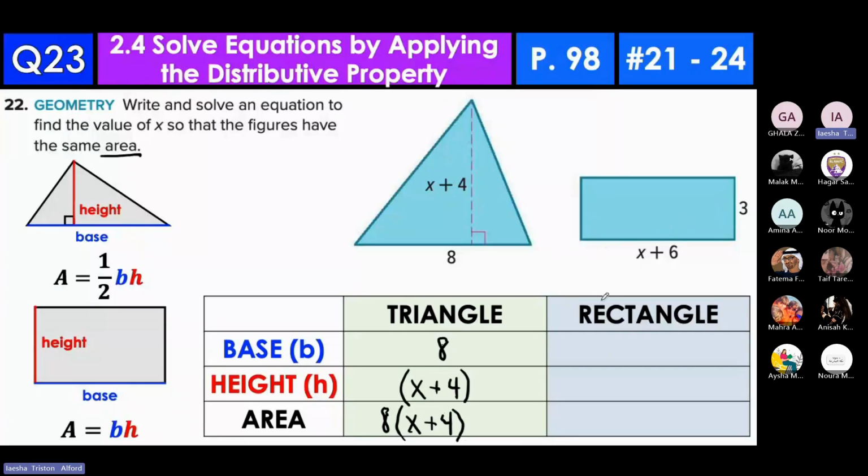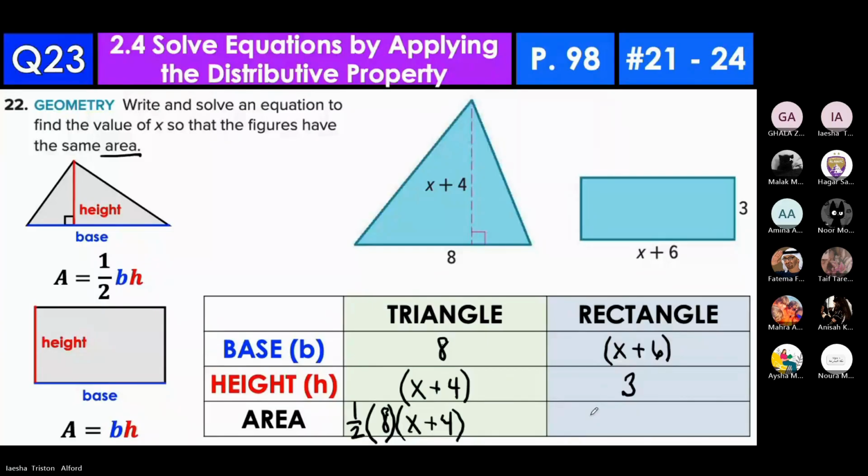We have the rectangle. What's the base? X plus 6. Put the parentheses. What's the height? Positive 3. Area, oh, sorry guys, this is a triangle. It should be 1/2 base times height. The rectangle is base times height.